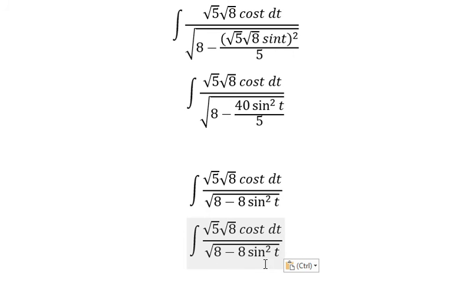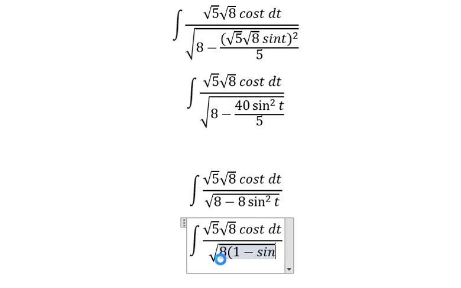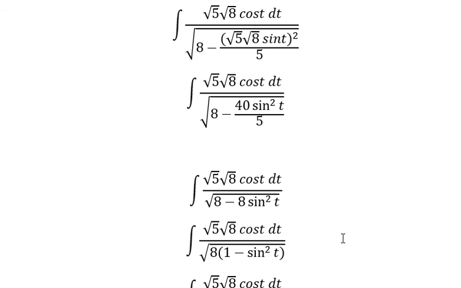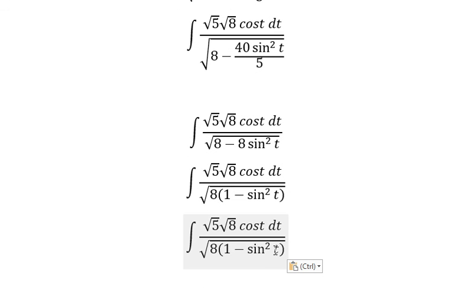Number 8, we can do factorization. So we have 1 minus sine t square, we change for cosine t square.